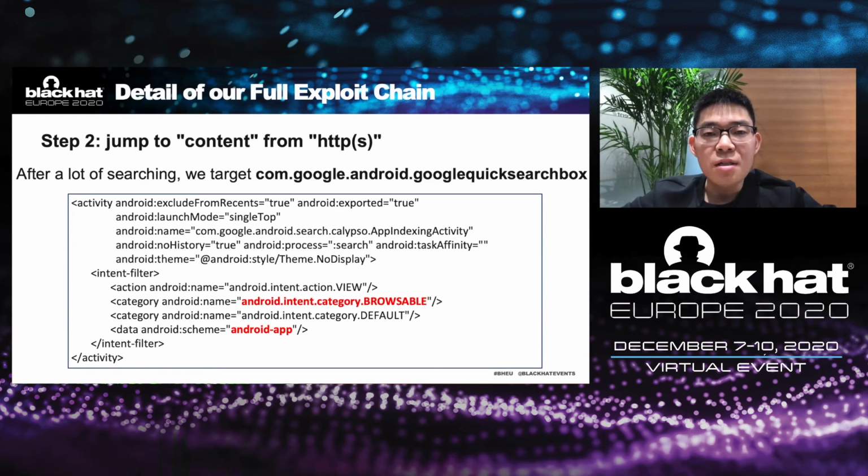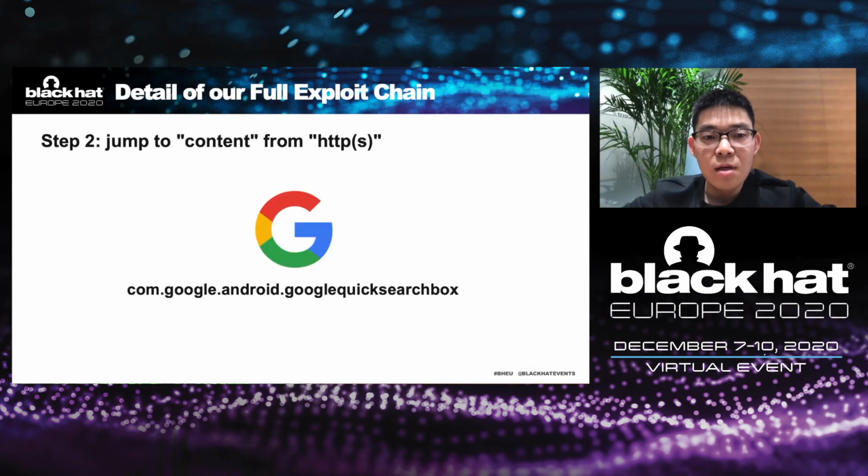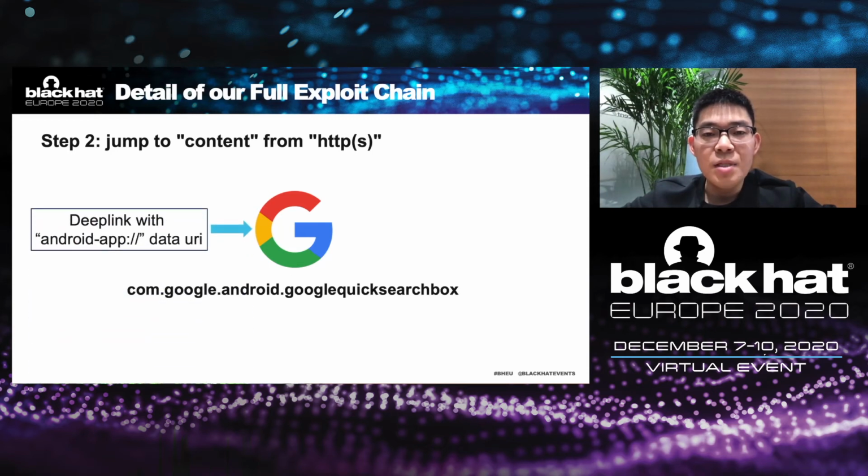After a lot of searching, we target Google Quick Search Box app because we found that it can accept intent with Android app scheme as data URI. After reverse analyzing the Google Quick Search Box, we found that it accepts Android app data URI from deep link.